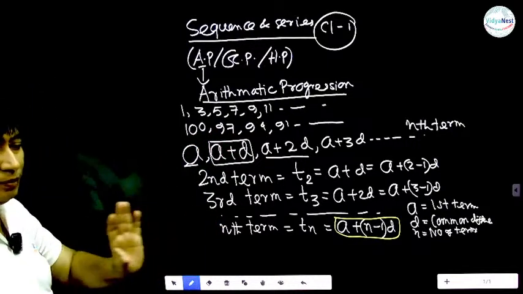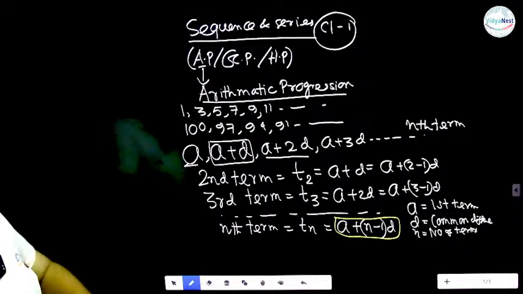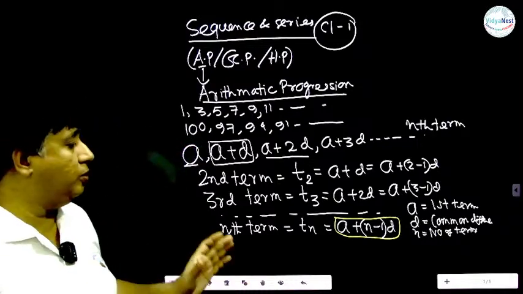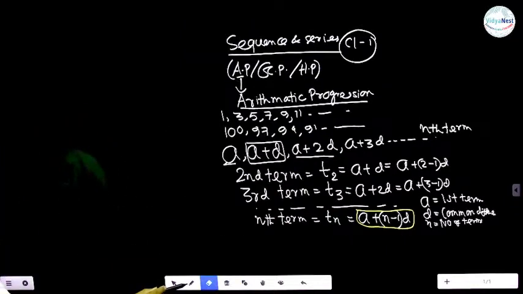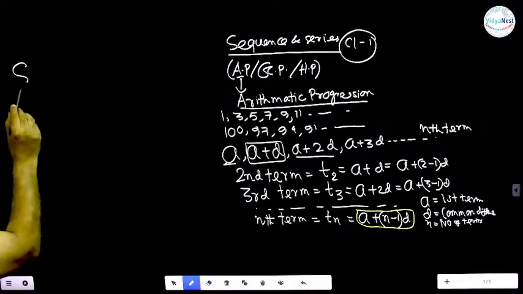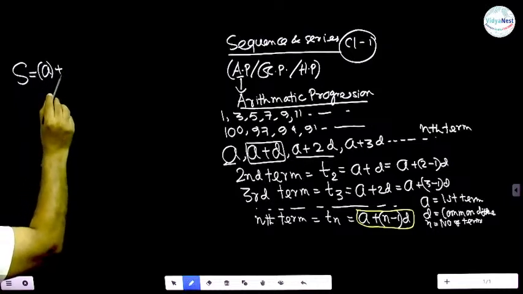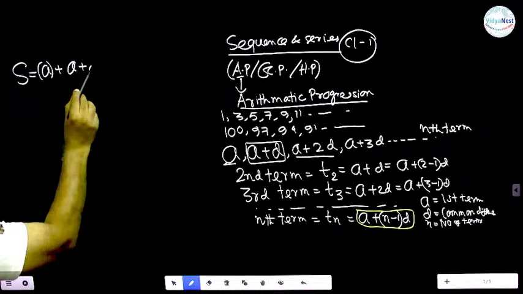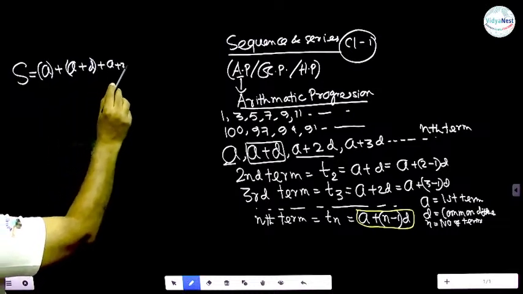This is the nth term you have got. Suppose you are told to find the summation of all these terms. See, S equals the first term A, then A plus D, then A plus 2D.